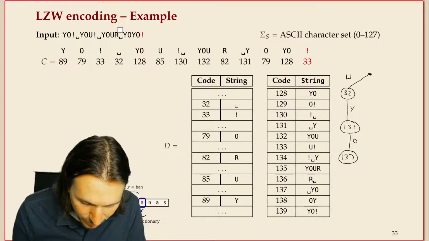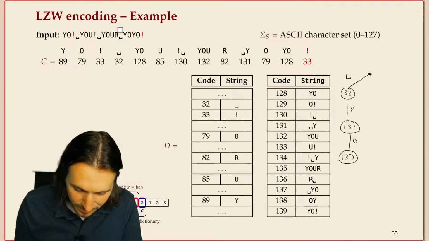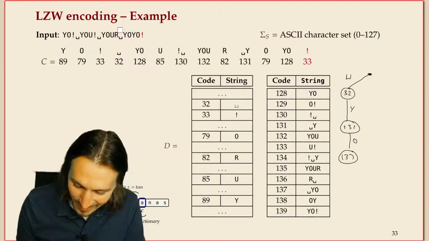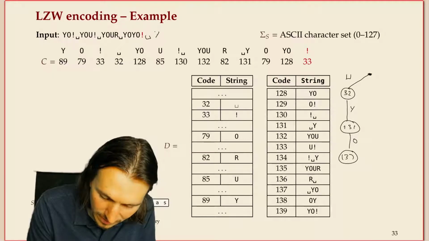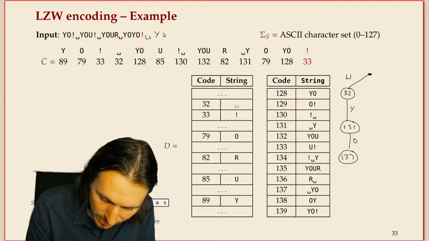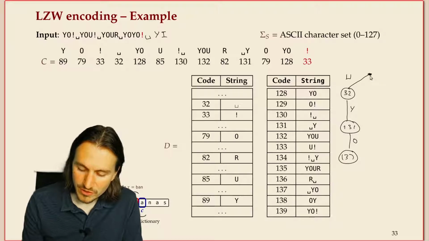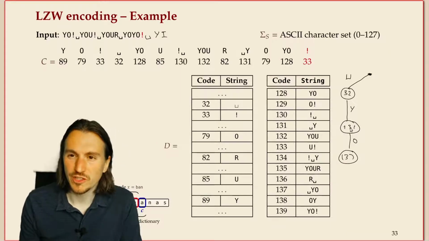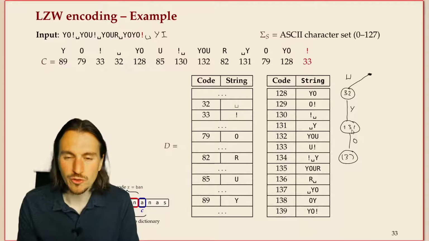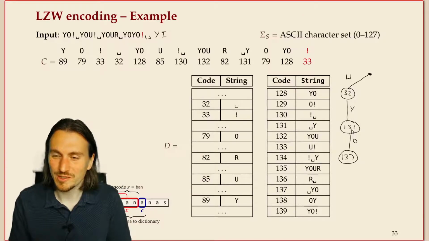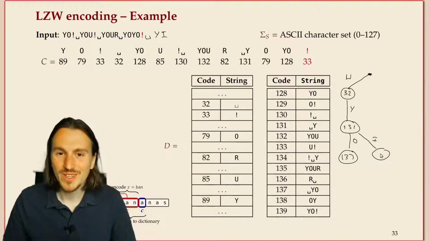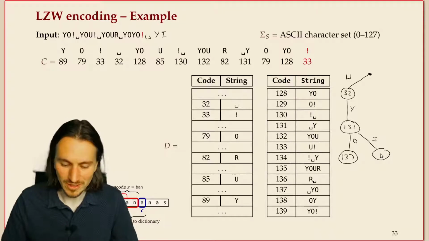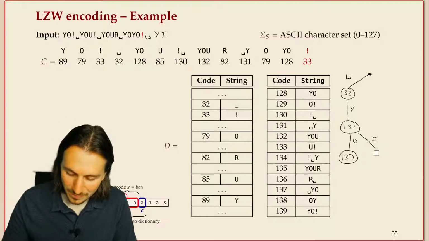But if, for example, the text would continue with YI, then you would start reading the space and the Y, and then you would get stuck in this case. So you still need to have the shorter strings in your dictionary, because you sometimes need them and then extend the dictionary with the I with a new code word after you've added this.